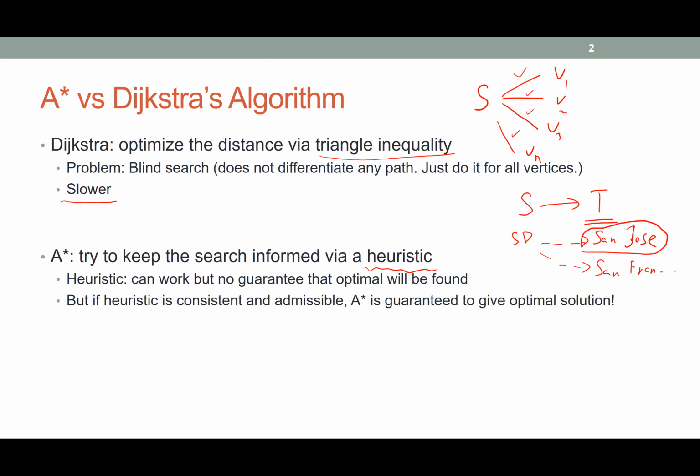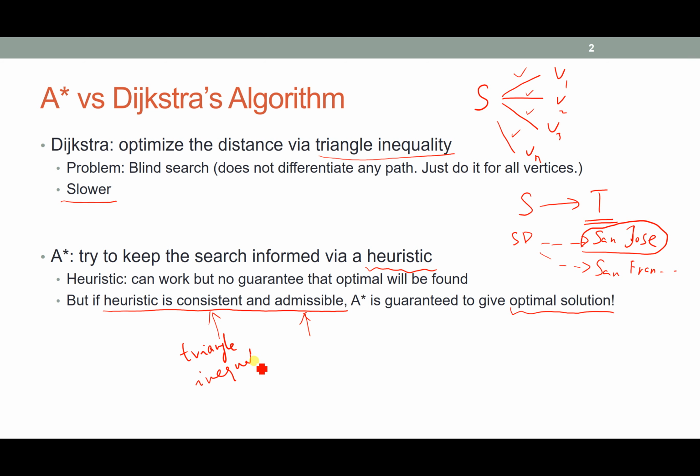But there is a very nice property for A-star, because if the heuristic is consistent and admissible, then A-star is guaranteed to give the optimal solution. So if we design our heuristic nicely, then A-star will just work very well, and it is in general faster than Dijkstra's. So what is a consistent heuristic and what is admissible? A consistent heuristic is basically a kind of triangle inequality.